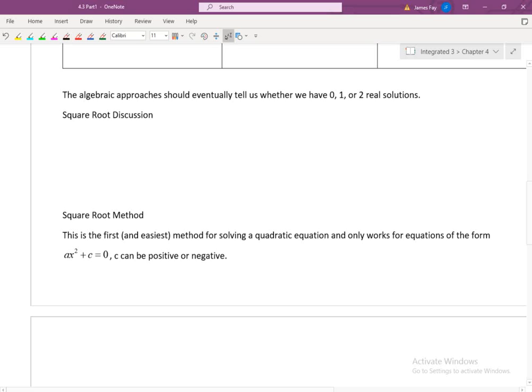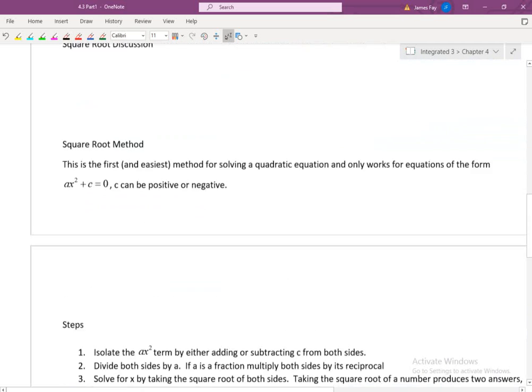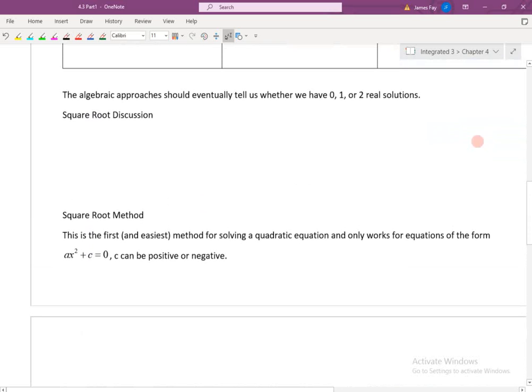This is the first type of quadratic equation that we saw when we were graphing them. If I had something like 3x squared equals 0, and I asked you, in that situation, what is the x value that makes that true? It would be 0. Hopefully you can see that.